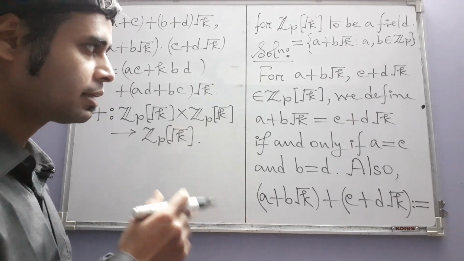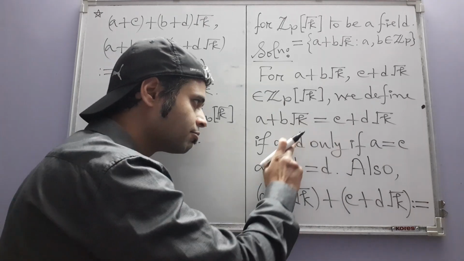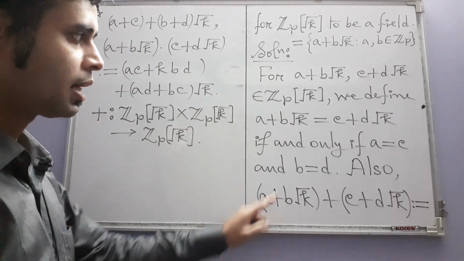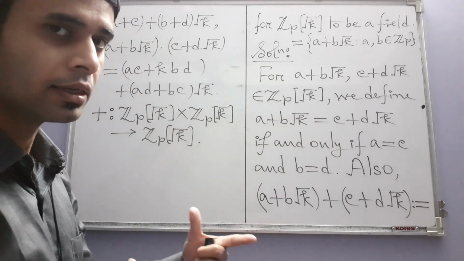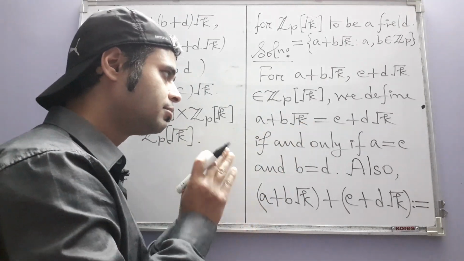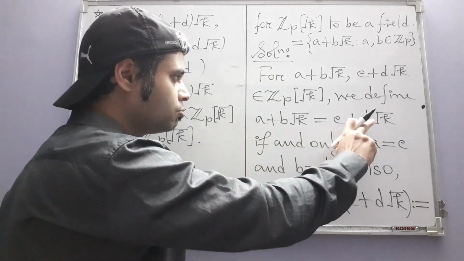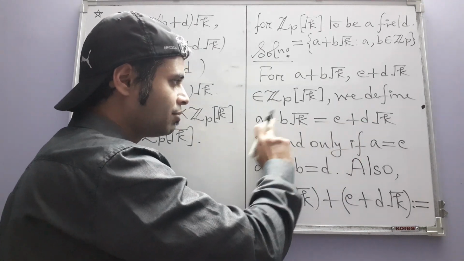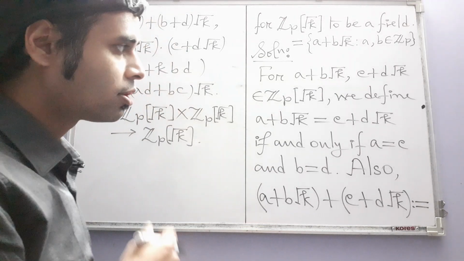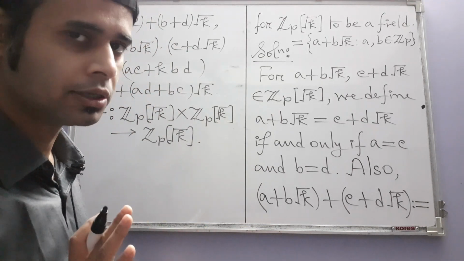And where is that uniqueness coming from? That uniqueness is coming from our definition of equality. Our definition of equality says that any such symbol has only one representation as such a symbol. That is, two such symbols having different first coordinates or different second coordinates or different both cannot be equal.